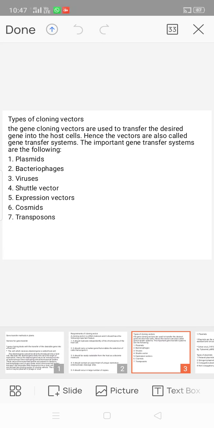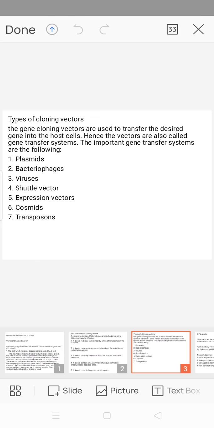The important gene transfer systems are the following. First one, plasmids. Second one, bacteriophages. Third one, viruses. Fourth one, shuttle vector. Fifth one, expression vector. Sixth one, cosmids. And seventh one, transposons.